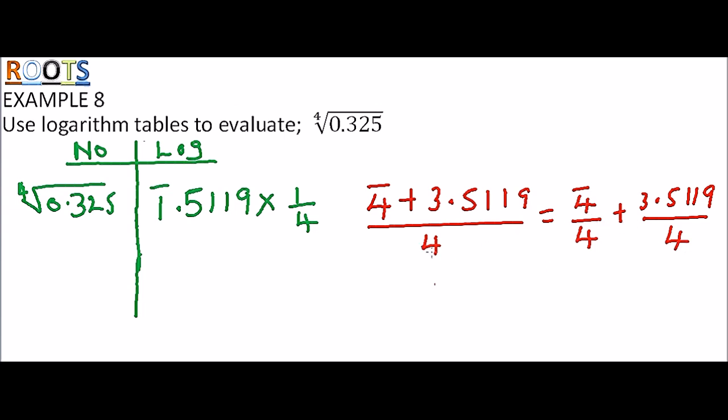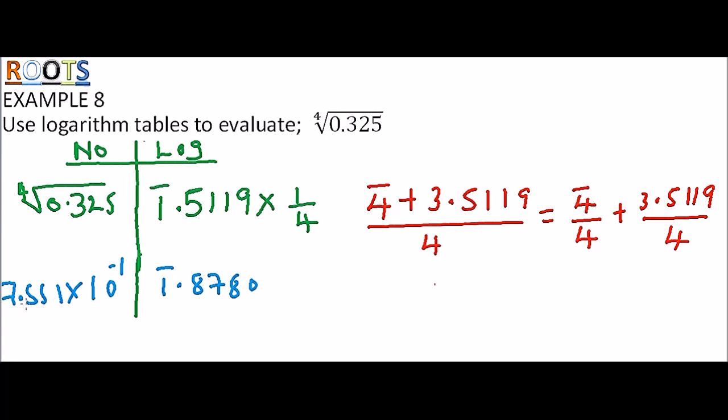So when you divide bar 4 by 4, you get bar 1 point. This you divide by 4, you get 8780. So when you get the anti-logarithm, bar 1 represents 10 to power minus 1 multiplied by the anti-logarithm of 0.8780, which is 7.551.